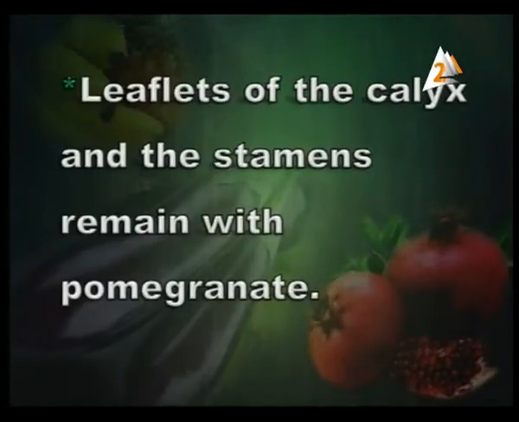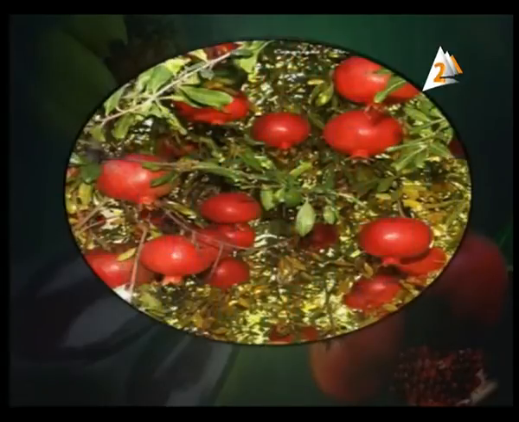After maturity, the leaflets of the calyx, for example, we find them in the pomegranate. We find the leaves of the calyx, also the stamens. Look at the picture and you will see that there are some anthers found inside.